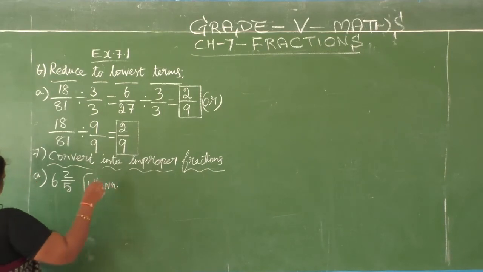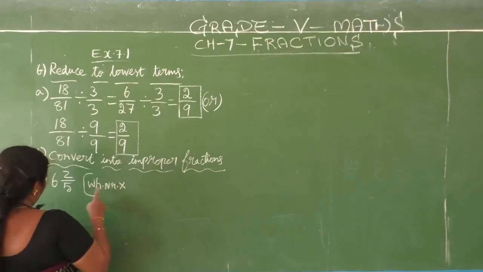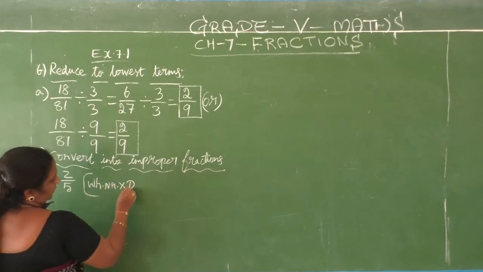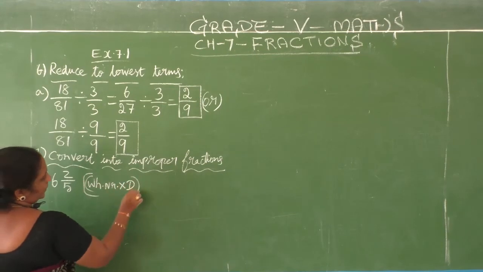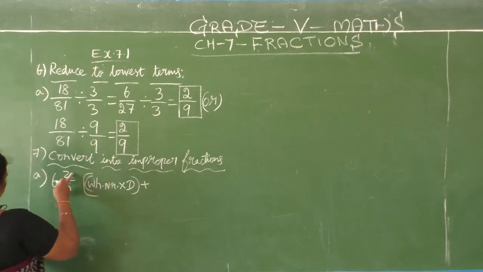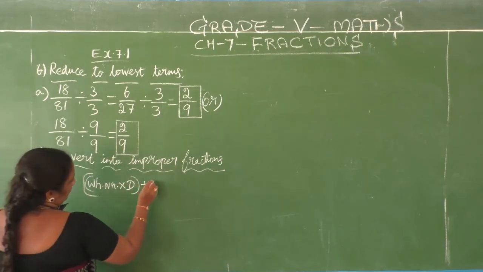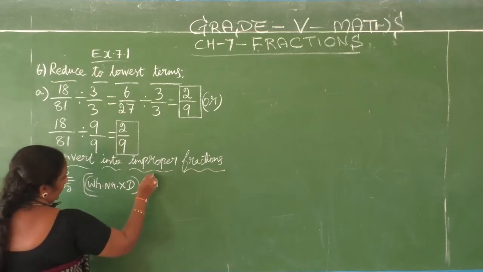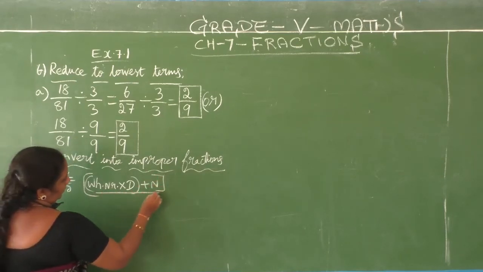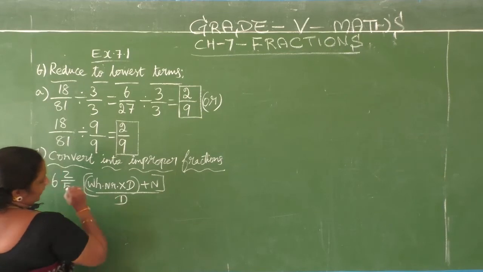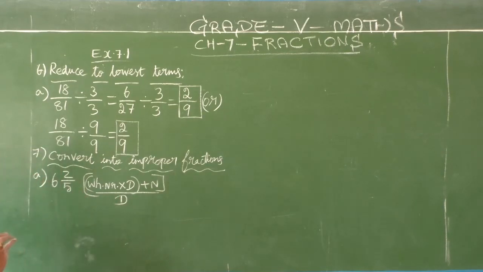Whole number into denominator plus numerator, divided by denominator. This is the formula to convert a mixed fraction into an improper fraction, right?